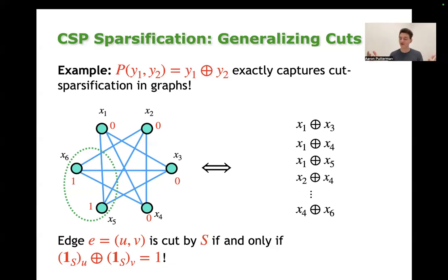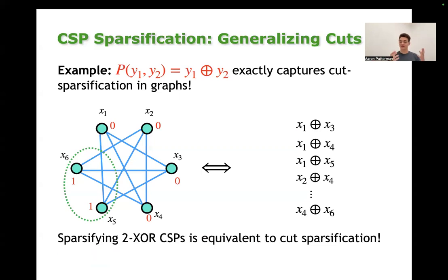In general, the XOR evaluates to 1 if and only if one variable is in the set S and one variable is not in the set S. And this is exactly the notion of an edge participating in the cut. For this reason, sparsifying 2-XOR CSPs is exactly equivalent to cut sparsification. In this sense, this framework of CSP sparsification is a much more general object than just understanding cuts and graphs.